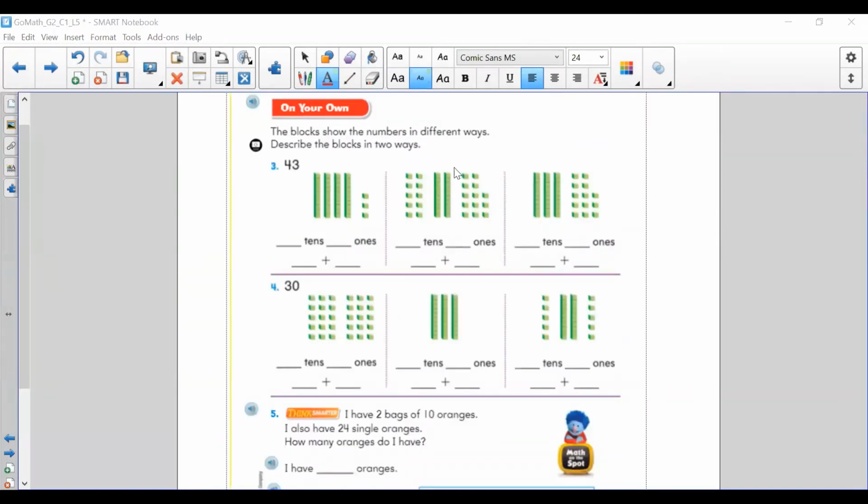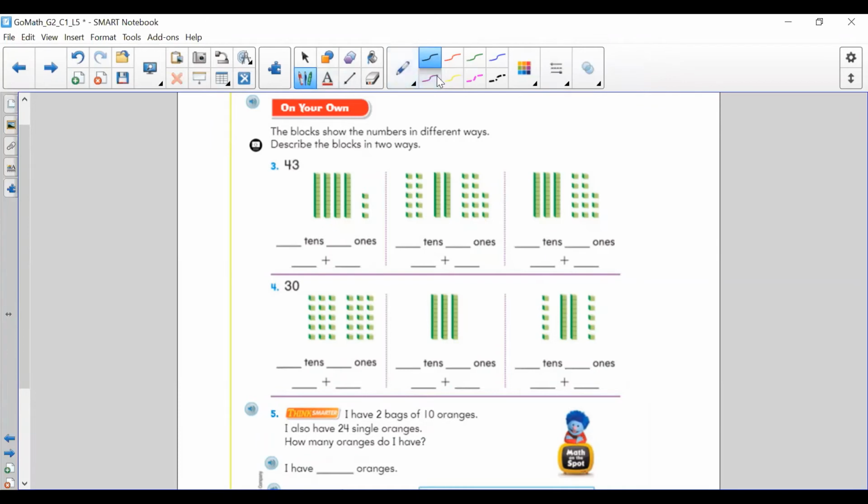Okay, so on our next page, this is on your own, but we still may do this page together. So the blocks show the numbers in different ways. Describe the blocks in 2 ways. So we want to just grab our pen real quick and underline what is important in the instructions.